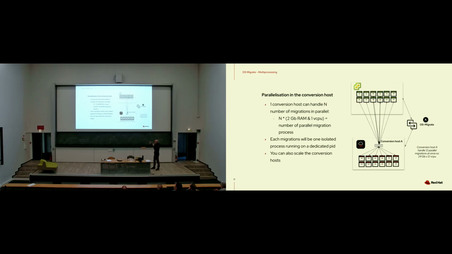Since you are following these rules, then you will be able to run XYZ migrations in parallel. There is also another way that you can scale: you can run the migration with several conversion hosts, and this way is also nice with AAP. For example, when I said if you have a few teams that have different workloads, you can assign to each team a specific conversion host, and then they won't disrupt the other migrations.